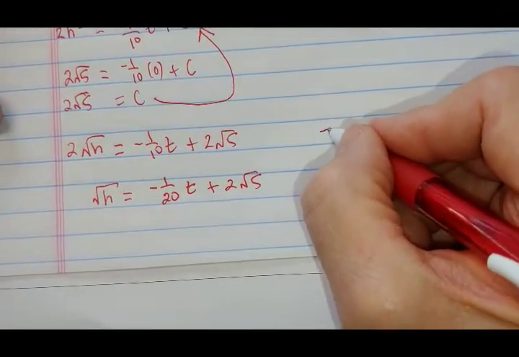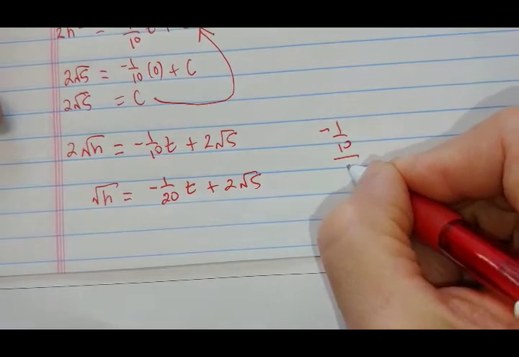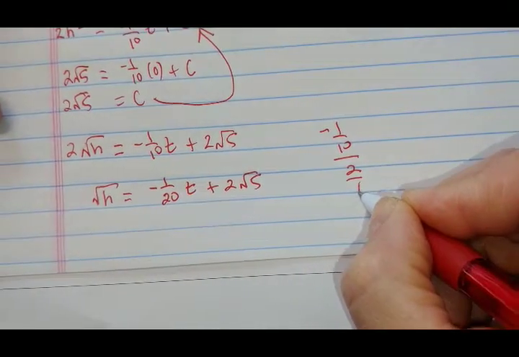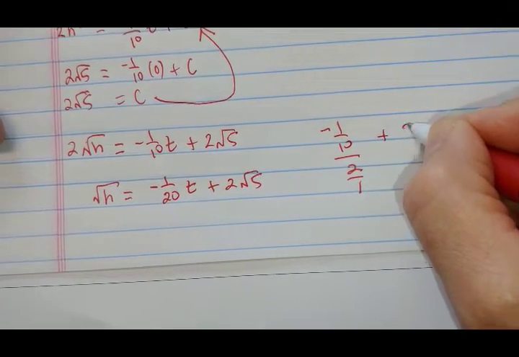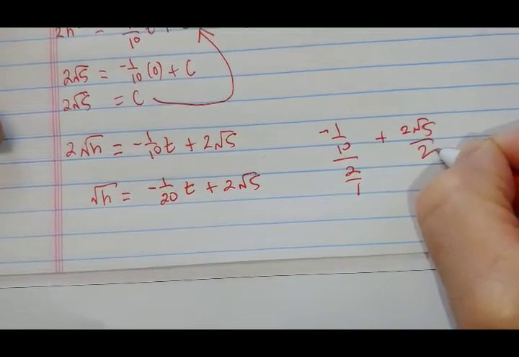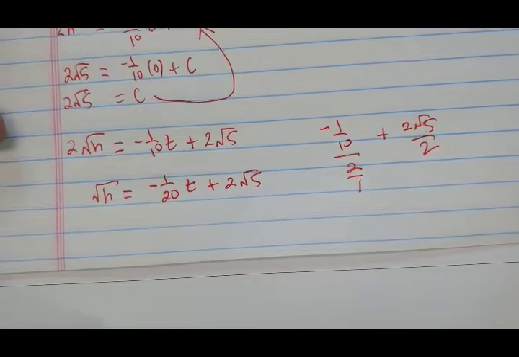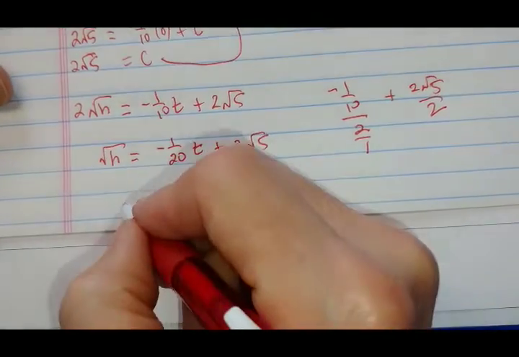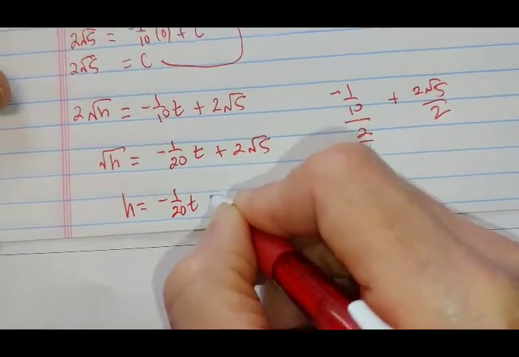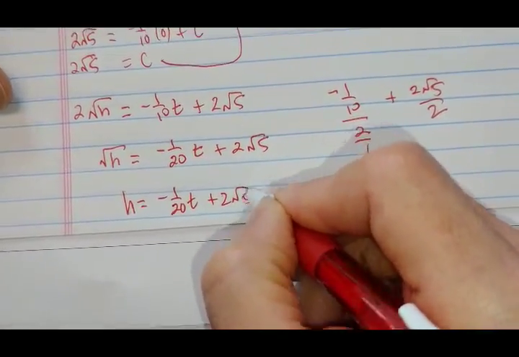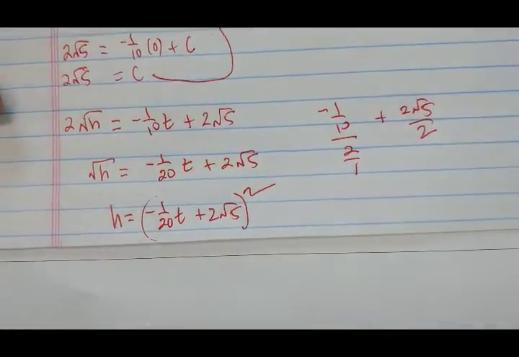Now, where did that come from? That's negative 1/10 divided by 2 over 1. So I'll multiply by the reciprocal to get that 1/20, and then plus 2 square root of 5 over 2. That's how I did that simplification. And then lastly, to get h by itself, I'm going to square both sides. Negative 1/20 t plus square root 5, quantity squared.